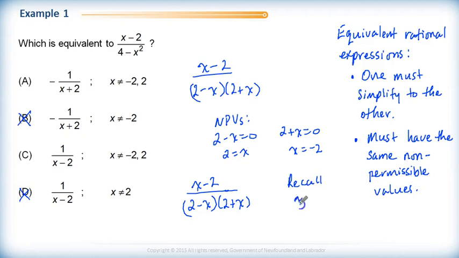So dividing one into the other gives us negative 1. We've got negative 1 over 2 plus x, which we can rewrite as negative of 1 over x plus 2. With those non-permissible values, that gives us option A.